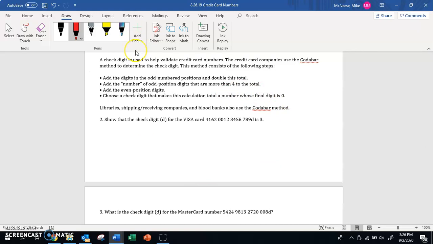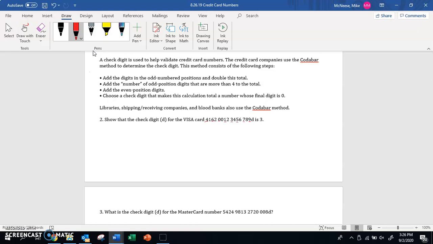So the first thing they tell us is show that the check digit D for the Visa card, this right here, is 3. So I'm going to break this into 3 different steps. Okay, so the first step, it said 2 times all odd digits. So I'm going to underline all my odd digits. So I got 4, 6, 0, 1, 3, 5, 7, and 9.